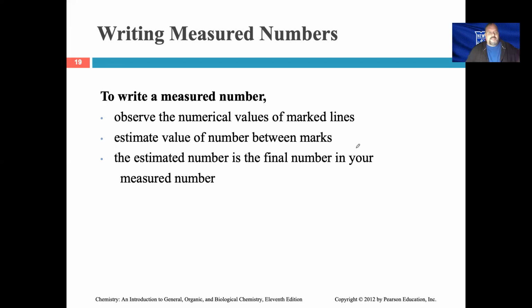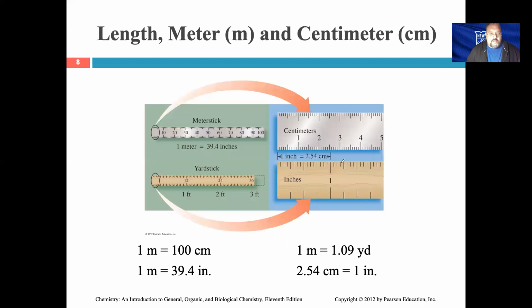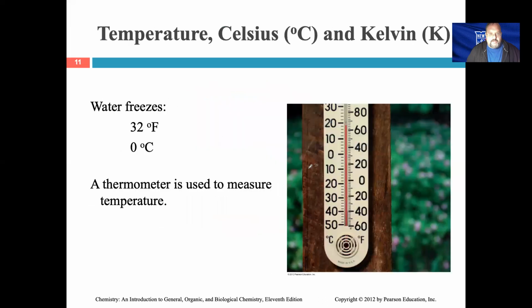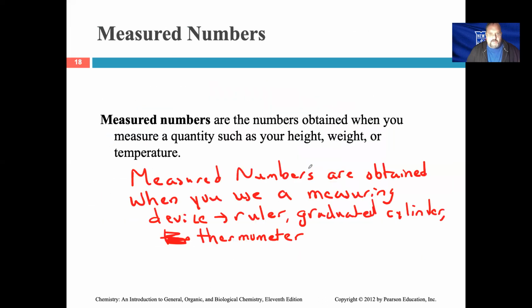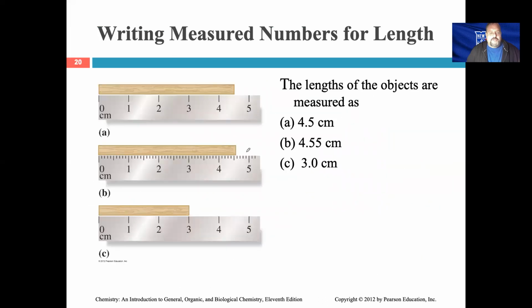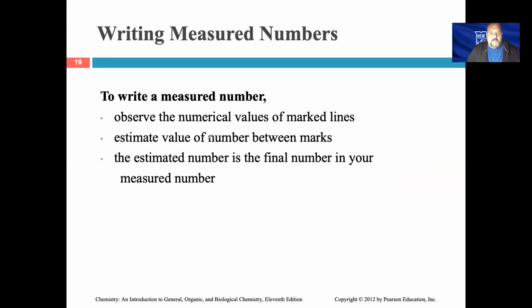If you look at the examples here, just to jump ahead for a second, when they're using the ruler, except for A and B, none of these measurements fall exactly on a marking. So the final number in your measured number is essentially what is known as the estimated number.